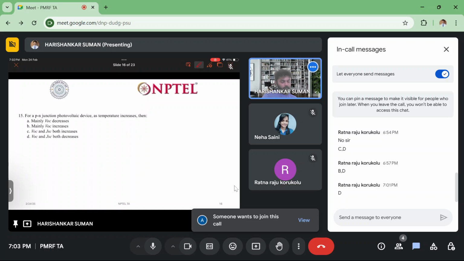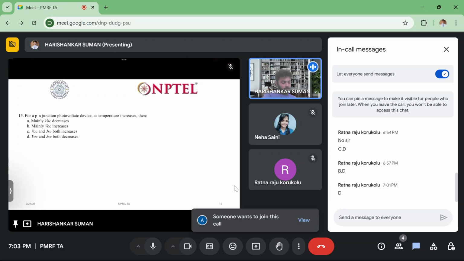Yeah. Next question. For a p-n junction photovoltaic device, as temperature increases, then what happens: VOC increases, VOC and JSC both increase, or VOC and JSC both decrease? What will happen if temperature increases?